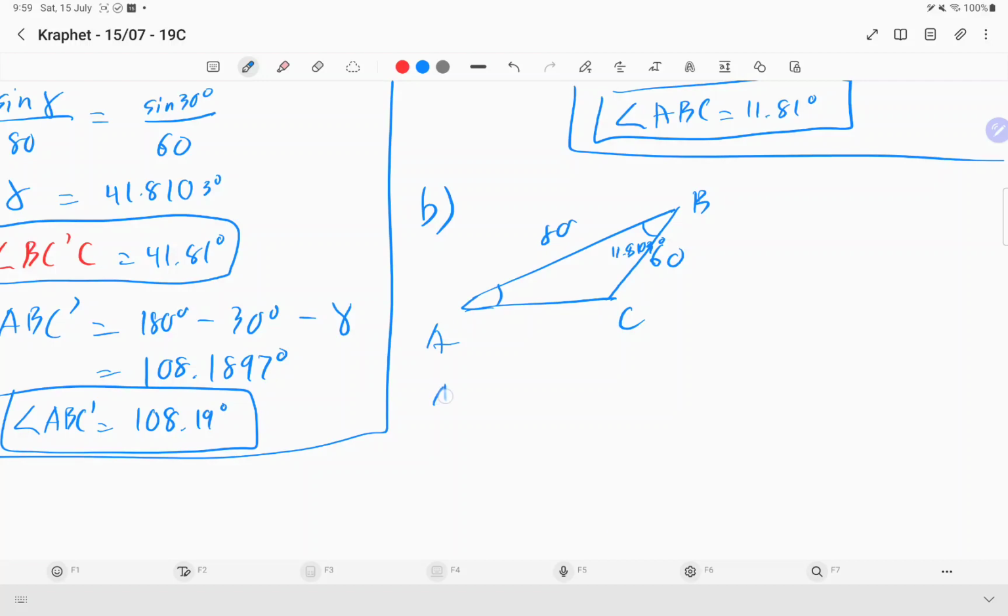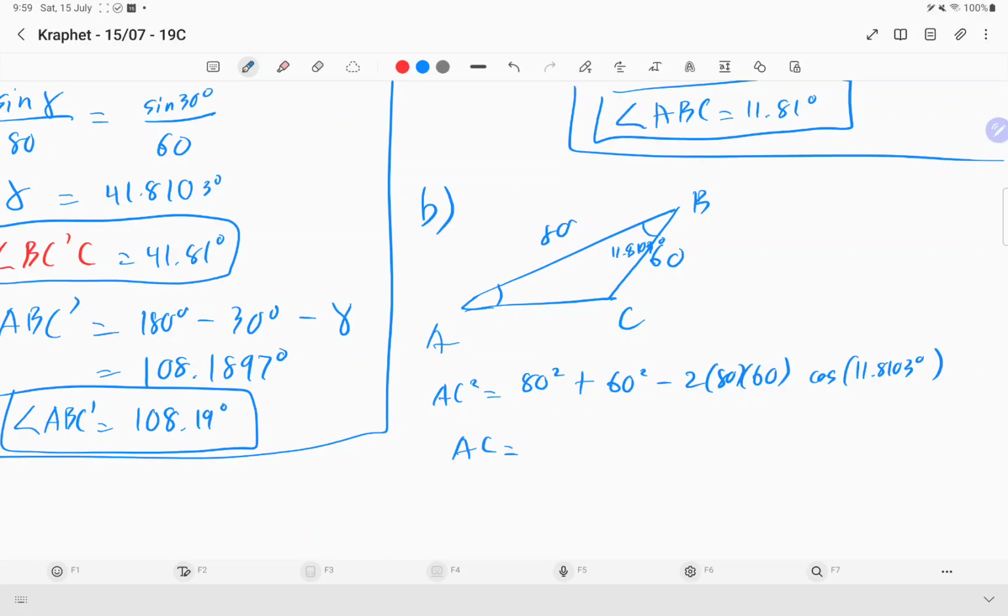Using the cosine rule, AC squared equals 80 squared plus 60 squared minus 2 times 80 times 60 times cosine of 11.8103 degrees. You can just write AC equals the answer. You don't even need to write the whole square root stuff. It's just algebra. You don't get marked for basic algebra.